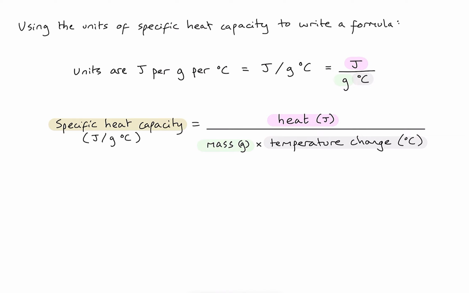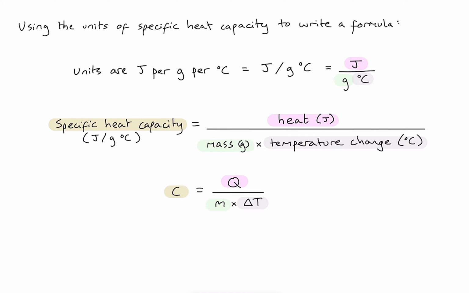Once I've done that, I can simplify this by using the symbols that represent each of those variables, which looks something like this. C is standing for specific heat capacity, and it's specific because different substances will have different heat capacities. So specific is just referring to a different number for different substances.